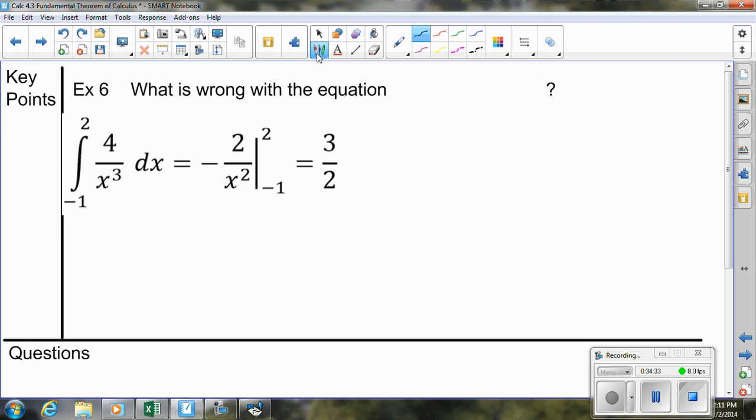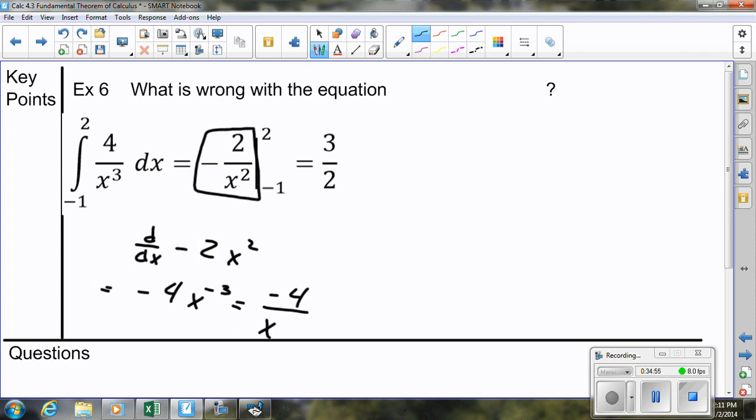Well, you'll note one of the things that they did is they just went through and quickly took the antiderivative of 4 over x cubed to get this antiderivative. And you'll note if you take the derivative of negative 2 over x squared, you do wind up with negative 4x to the negative 3, which is negative 4 over x to the third.